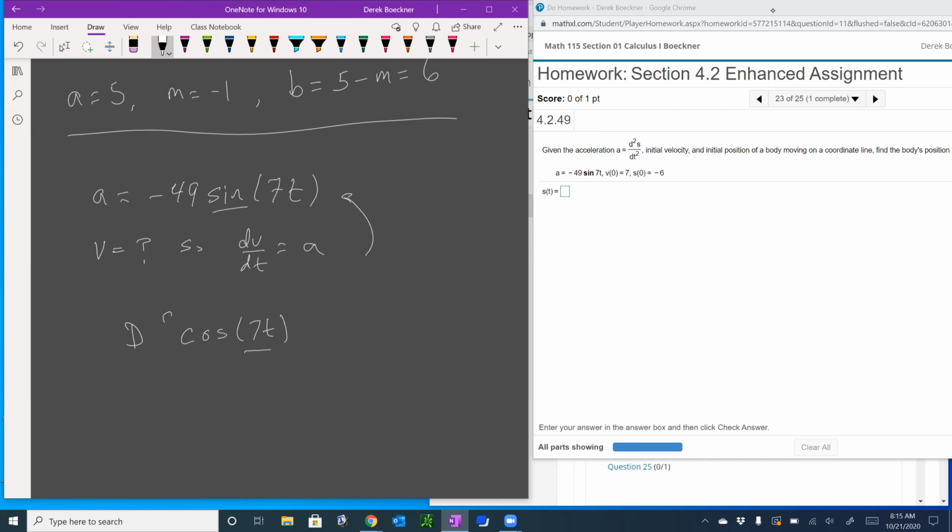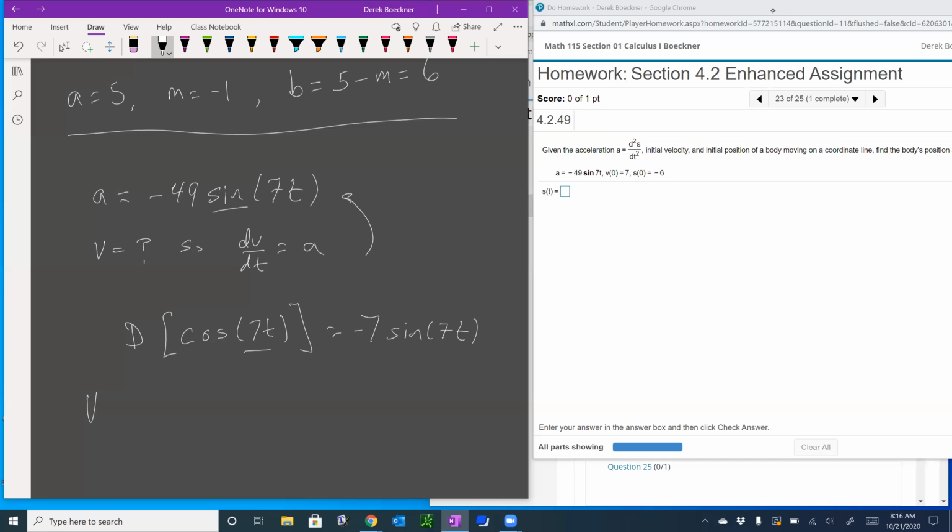I get 7 with a minus sign, sine 7t. That's not quite good enough, right? Because I want minus 49. So what do I have to do to make this minus 49 instead of minus 7? Multiply it by 7. Yeah.